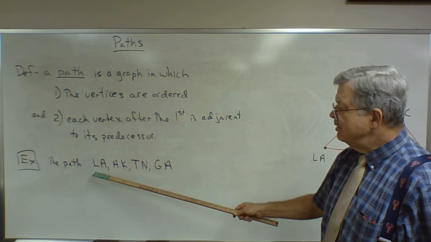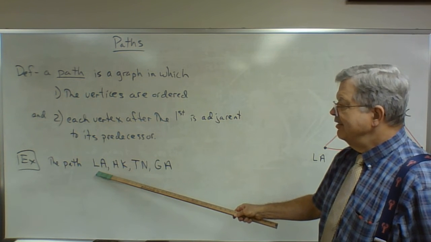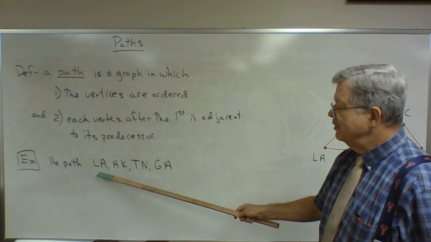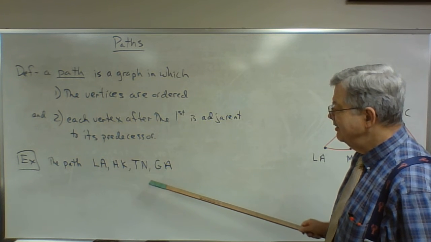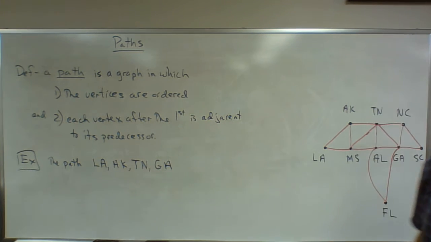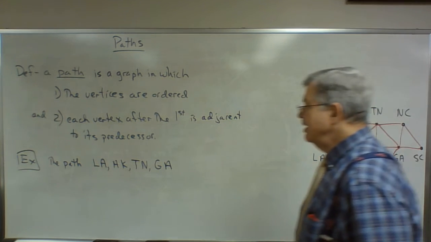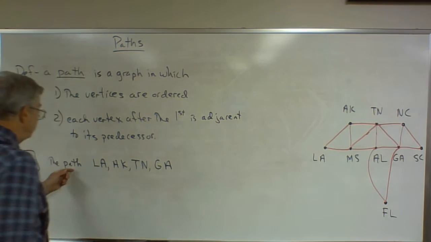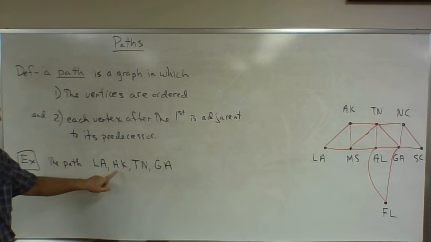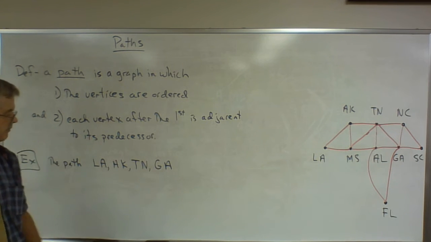And as an example, we have the path with vertices Louisiana, Arkansas, Tennessee, and Georgia. And since we call this a path, the vertices occur in this order.